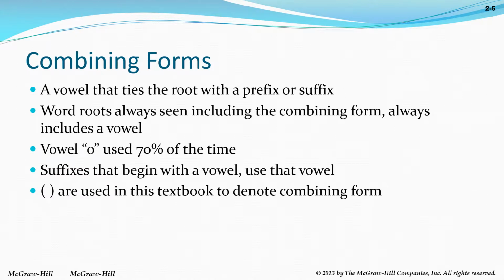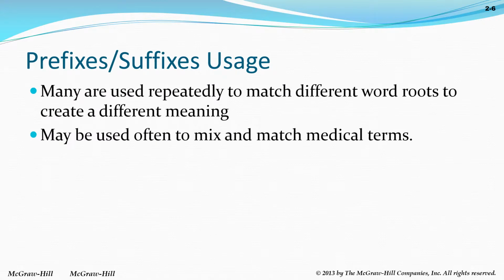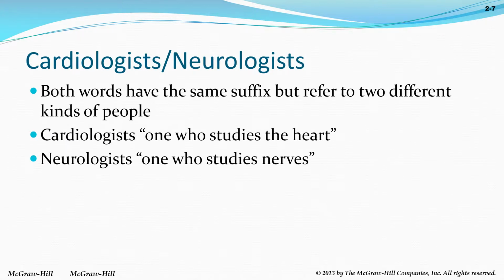Combining forms. They say 70% in this class, pretty much 99% of the time. Prefix and suffix modify. So here are two examples. This is a specialist in the study of the heart.